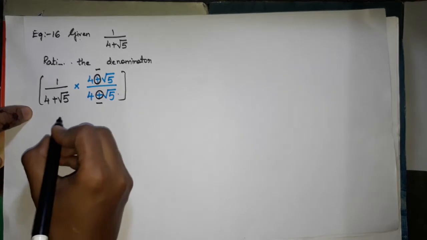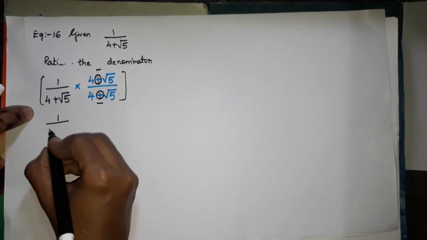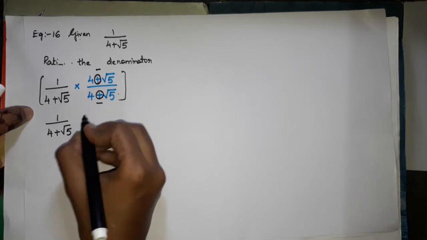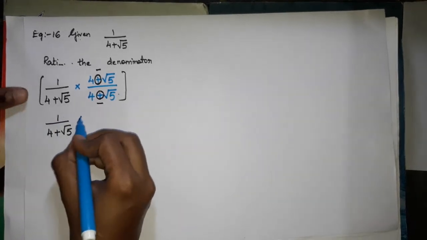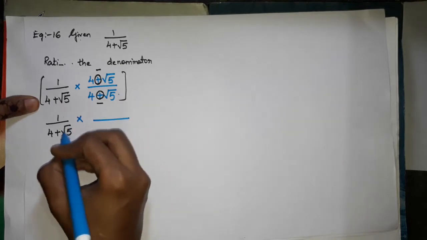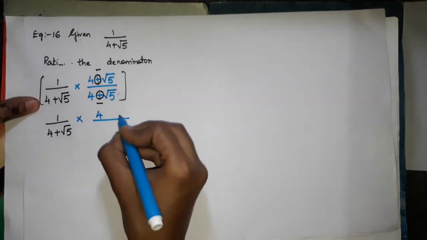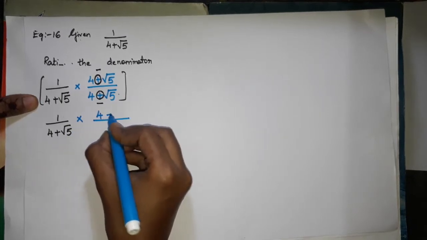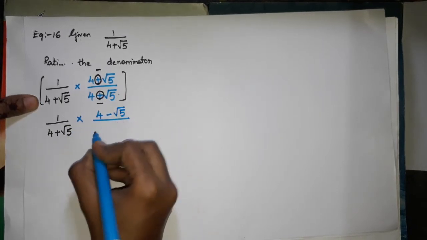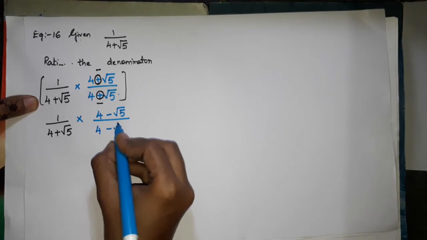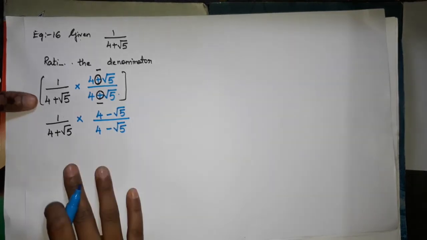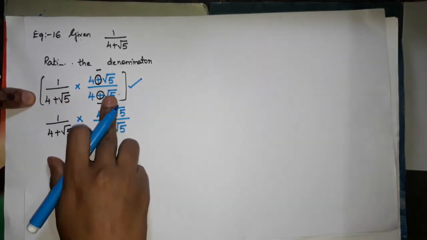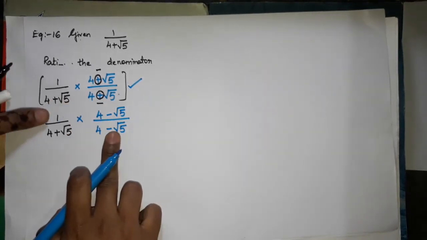From down here we are going to do our sum. 1 by 4 plus root 5. What does rationalizing mean? It is multiplying and dividing. What is the denominator? 4 plus root 5. But what I said, you have to change the sign. So that is minus root 5. So the same, 4 minus root 5, we have to write. This is just for explanation, children. We have to start from here.